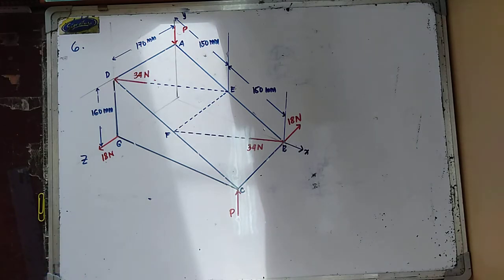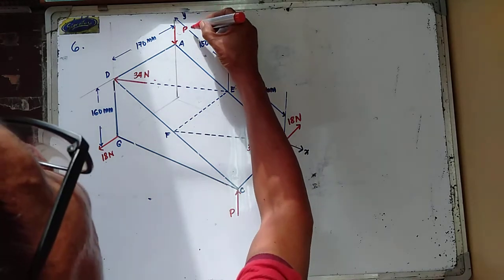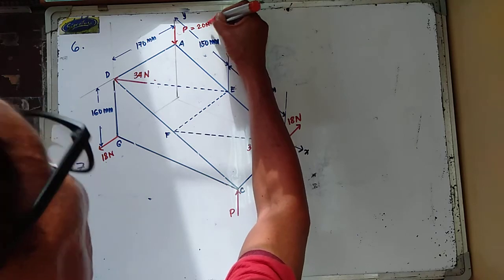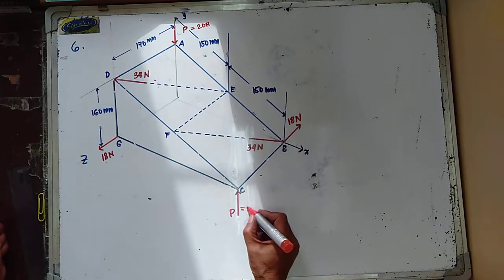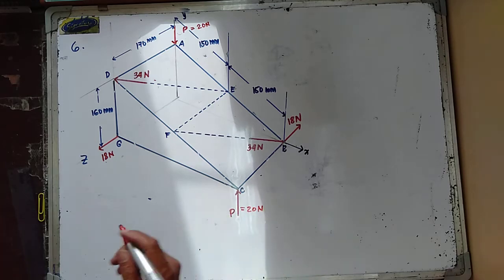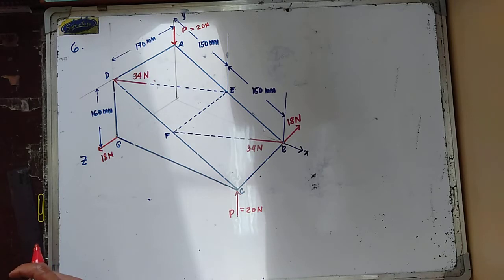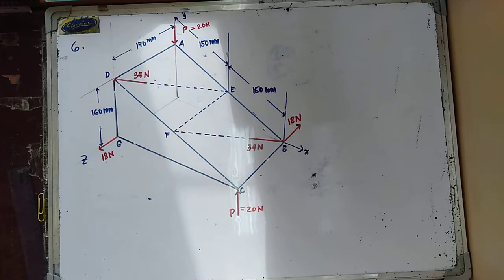If P is equal to 20 Newton, replace the three couples with a single equivalent couple, specifying its magnitude and the direction of the axis, or your direction angles.